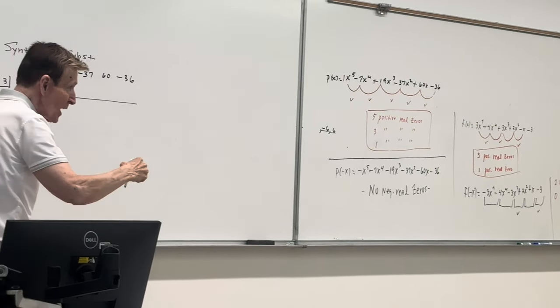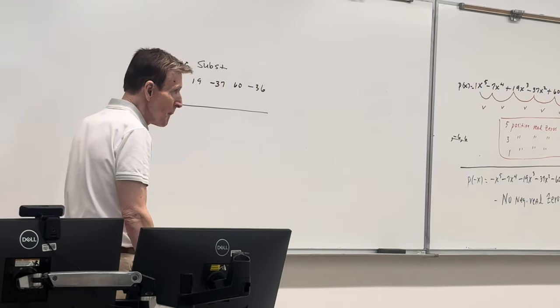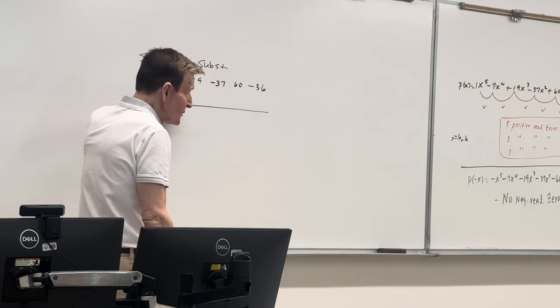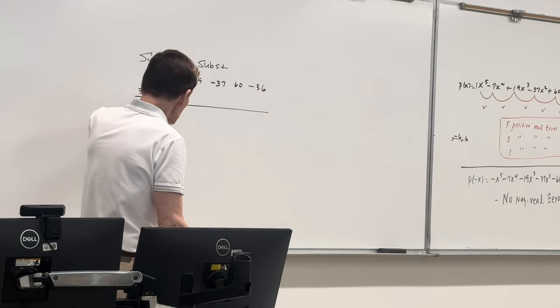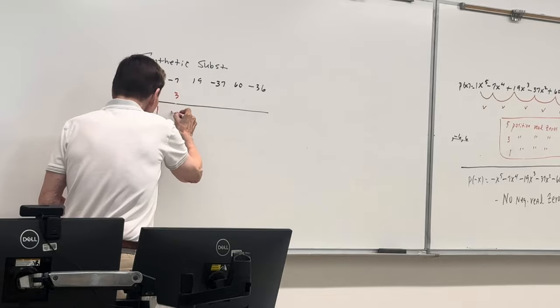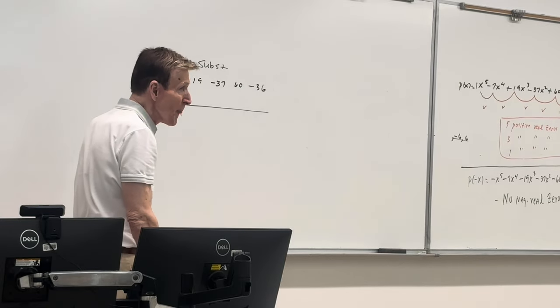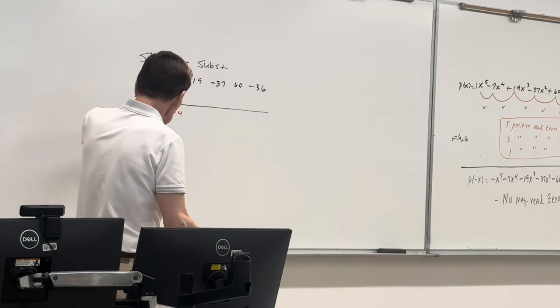And then add those up in that column. So 1 plus 0 gives me a 1. To see what goes underneath the next number, you multiply these two together. So 3 times 1 gives me a 3, that falls underneath the second number, add those up. That's a negative 4.